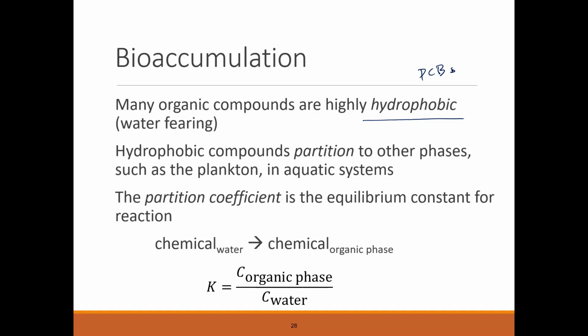The way it's written here is just a general equation for a partition coefficient. It says that K is equal to the concentration in the organic phase over the concentration in water. So for an octanol-water partition coefficient, that is the concentration in the octanol divided by the concentration in water, and these are determined at equilibrium. So it is an equilibrium constant, but these are determined experimentally, they're not based on thermodynamics.